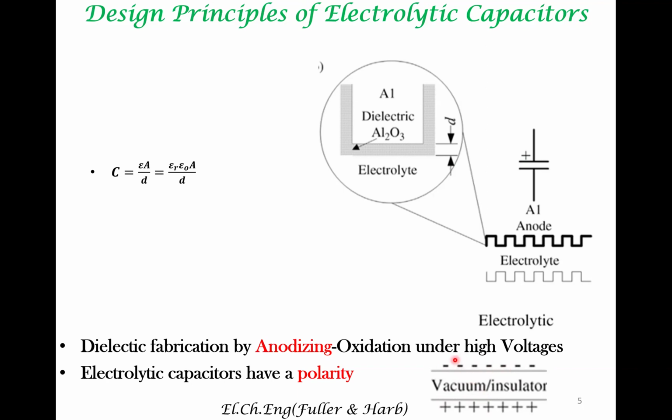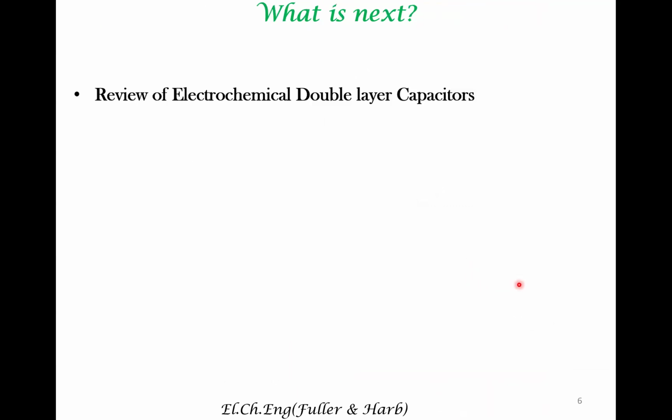Therefore, you can switch this metal plate to be a positive electrode or this metal plate to be a negative electrode. It won't really make a difference. But as opposed to that, this structure has a polarity. This should be the anode, and the other electrode should be the cathode.